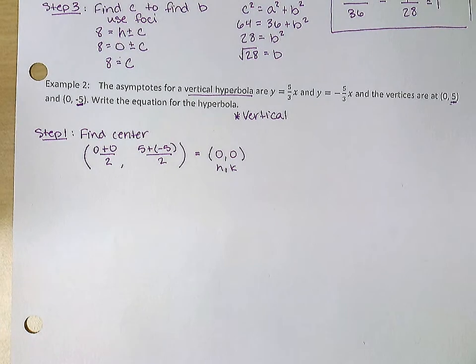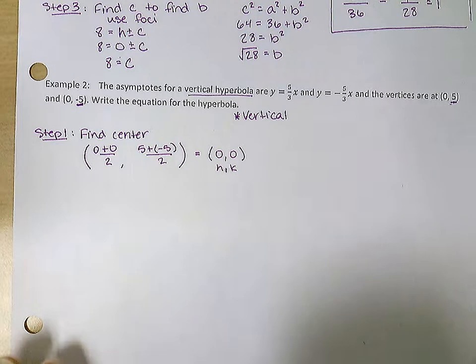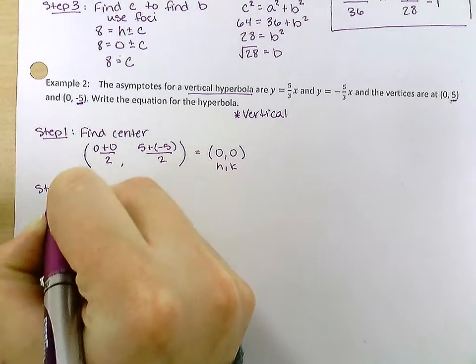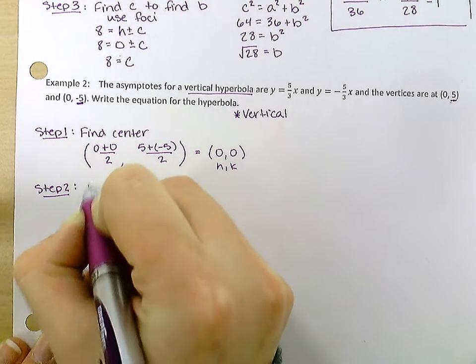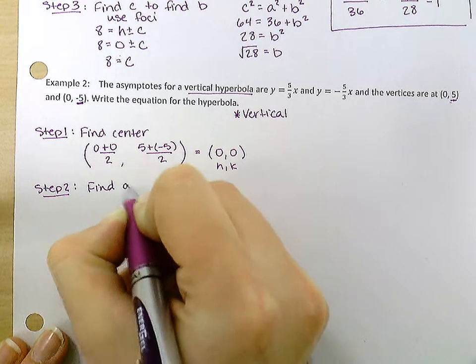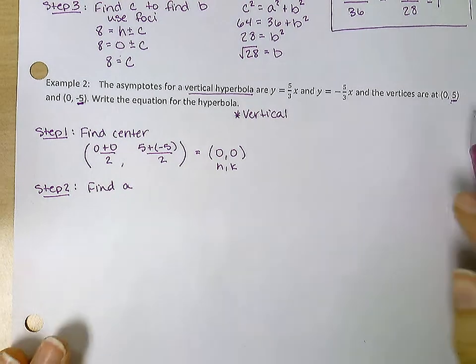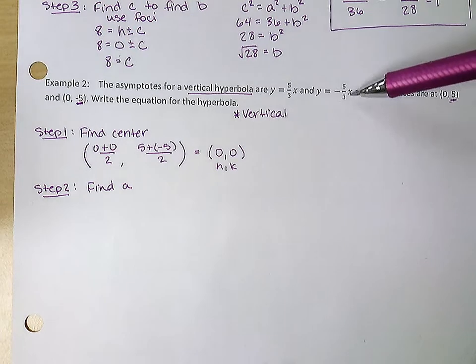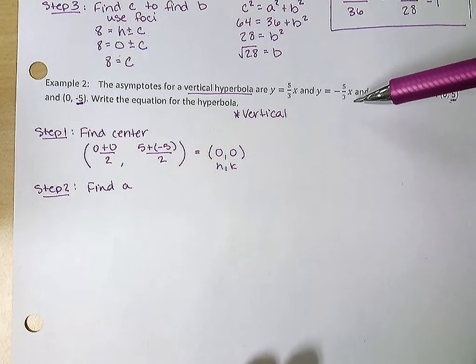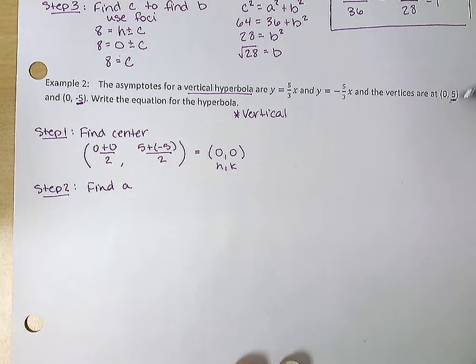Okay, next thing I want to do is find a. So step 2 is to find a. And I am going to use the vertices for this because this could be a reduced slope. It doesn't mean that a is 5. I want to make sure it's not a reduced slope.